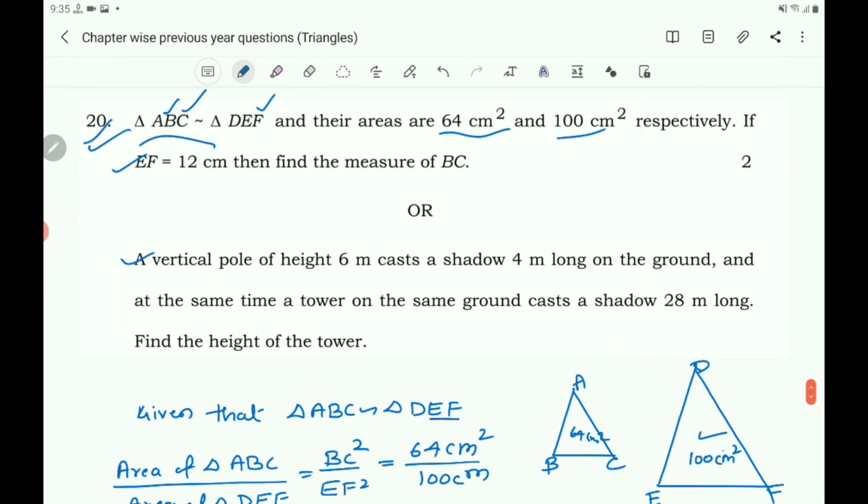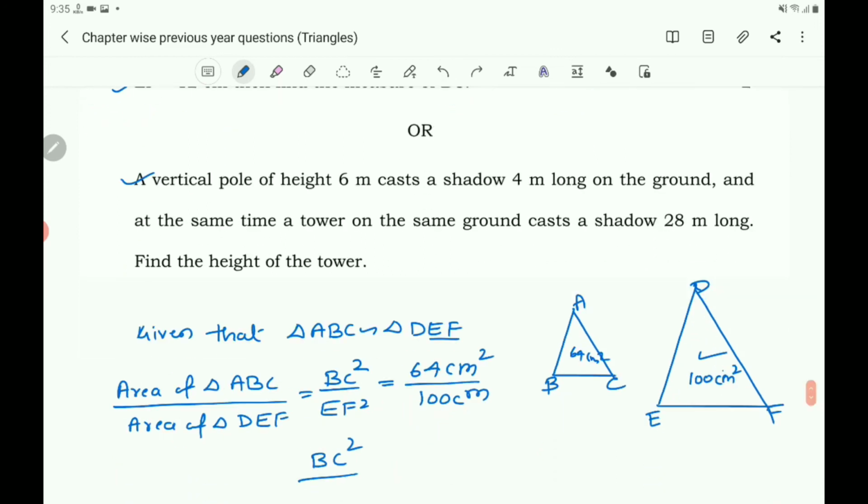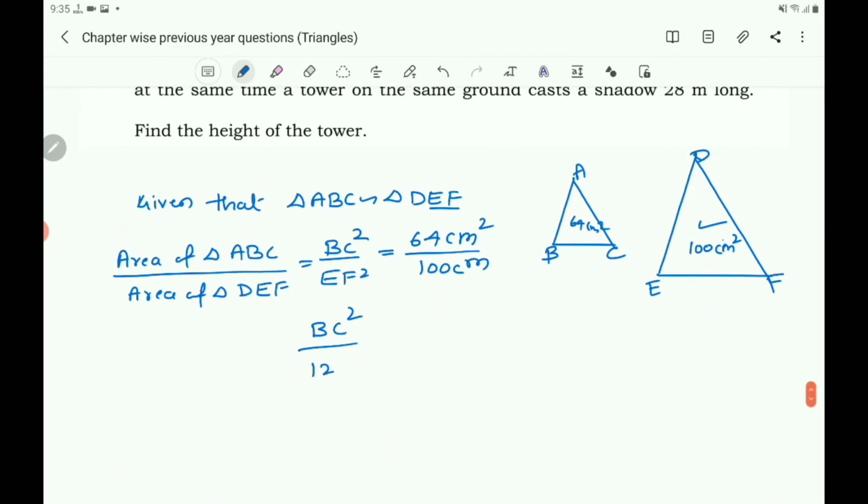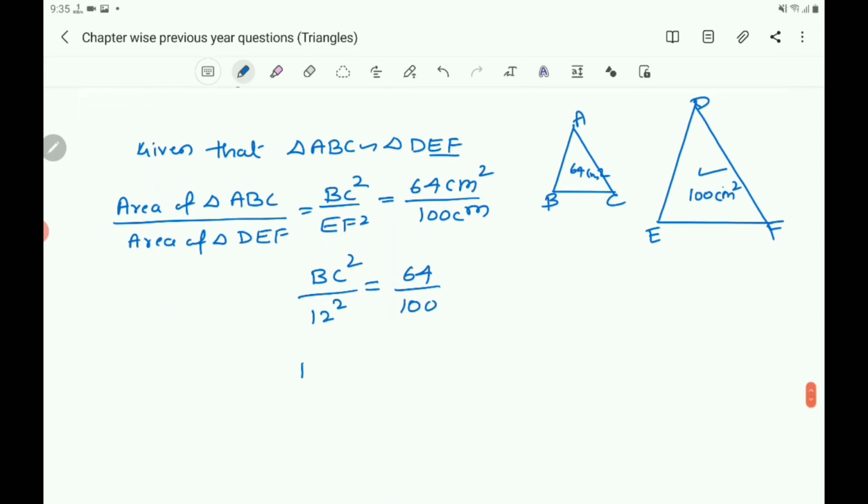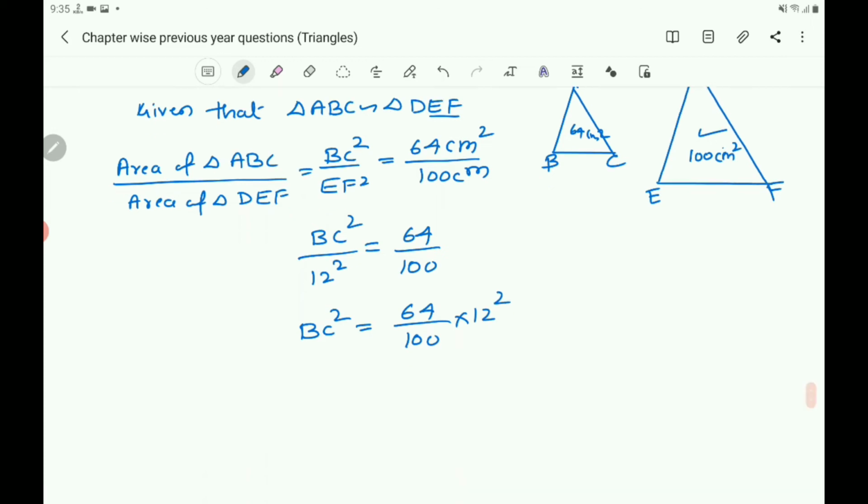What is that EF? EF is 12 centimeter. That is 12 square. That equals 64 by 100. So you can take BC square by 12 square, or otherwise you write that equals 64 by 100 into 12 square.